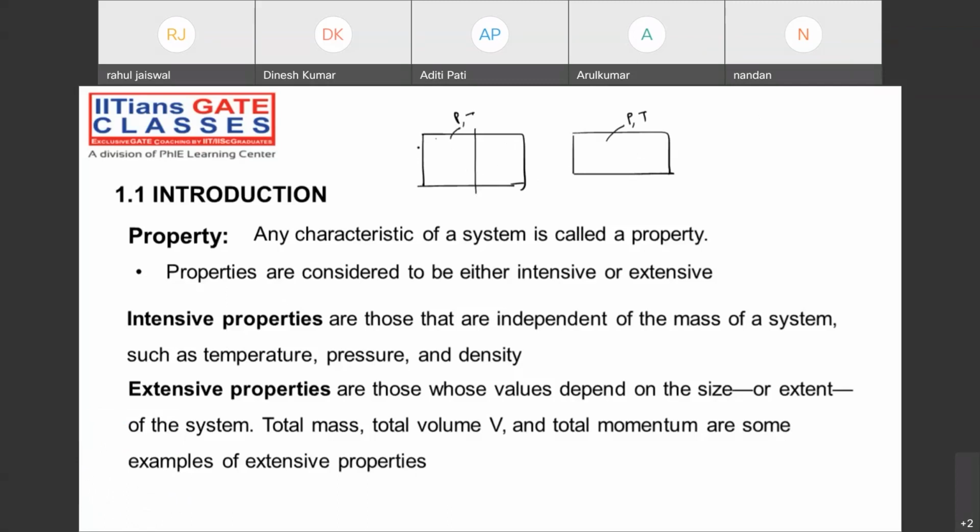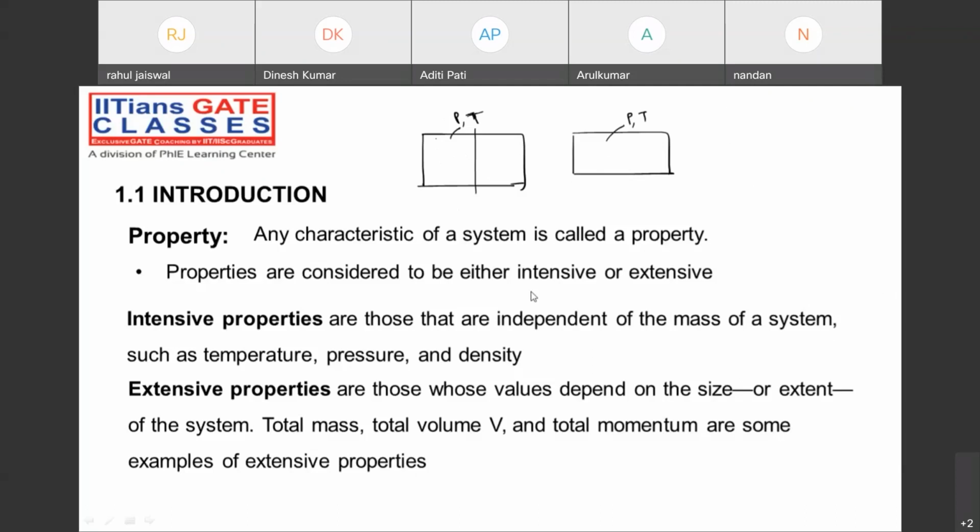It will be P and T only. Understanding or not? So even though the volume has been divided, even though the mass has been divided, it does not depend on the mass. That's why we say pressure and temperature are intensive properties, right? Okay. Yes or no?